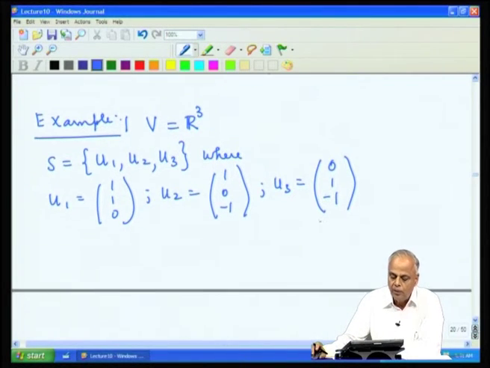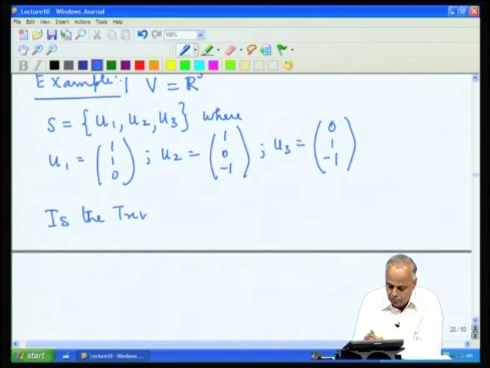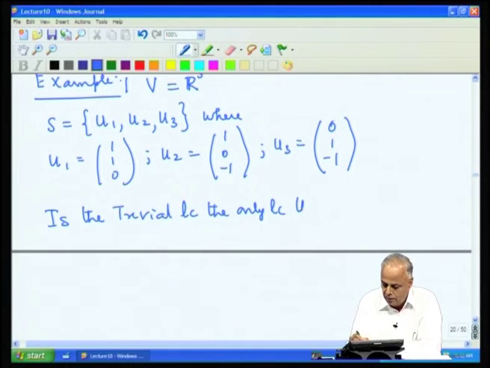So, we have a set of 3 vectors in R 3. Now, we investigate the question: is the trivial linear combination the only linear combination that yields theta V?